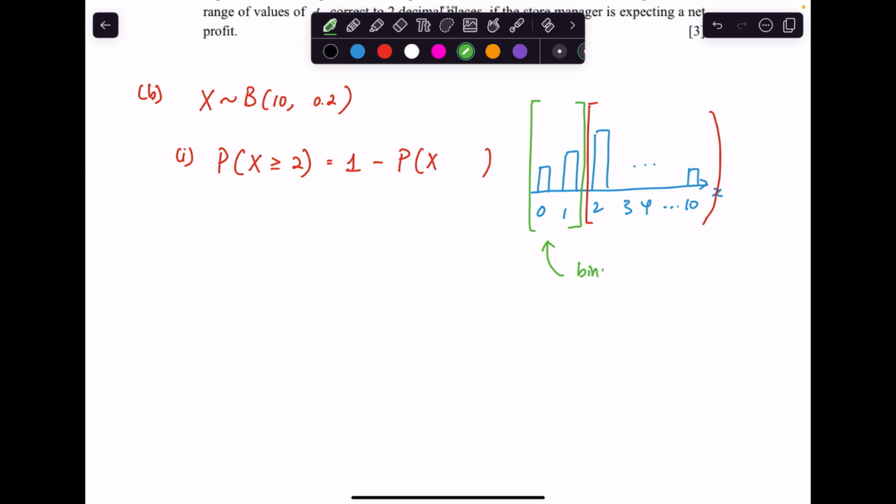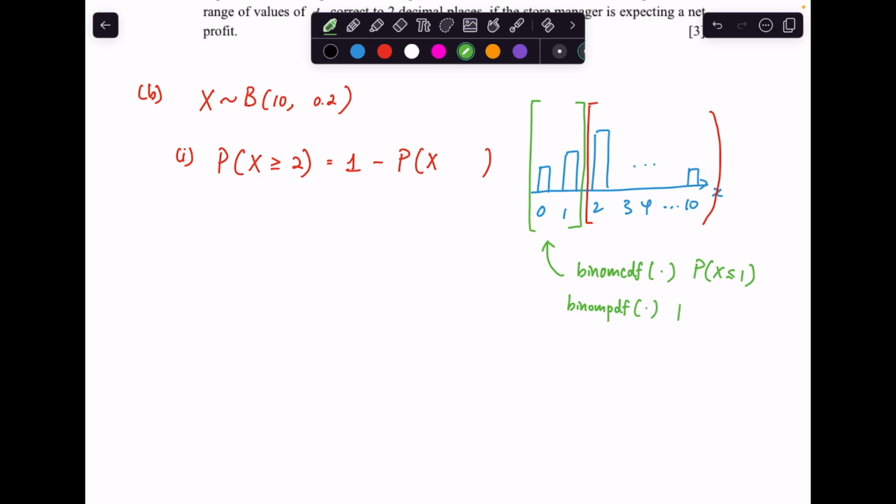We can find this using binomial CDF. We need to always think about how we can ask our calculator. We can use binomial CDF for the probability of X less than or equal to 1. CDF, the C stands for cumulative, so you accumulate everything up to 1, so 0 and 1. Another way is to use binomial PDF, which tells you the probability at each value.